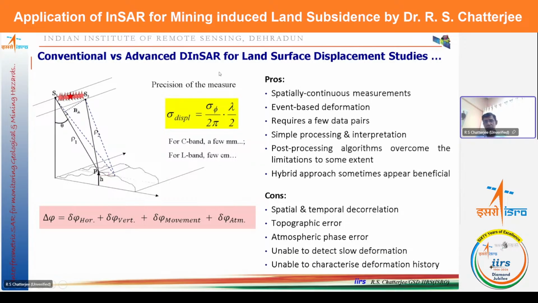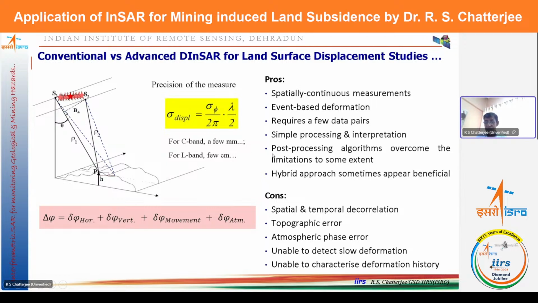There are techniques like persistent scatterer interferometric SAR, and techniques like small baseline interferometric SAR or SBAS. So these are much simpler techniques, and interpretation is also much easier. But that is not the problem.